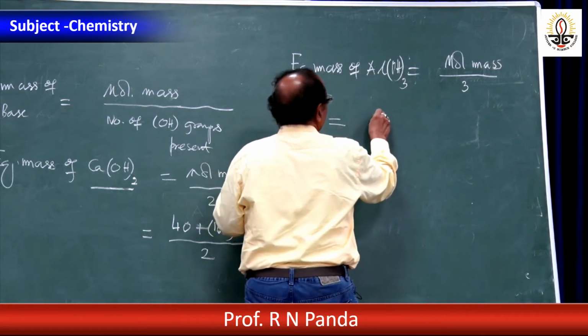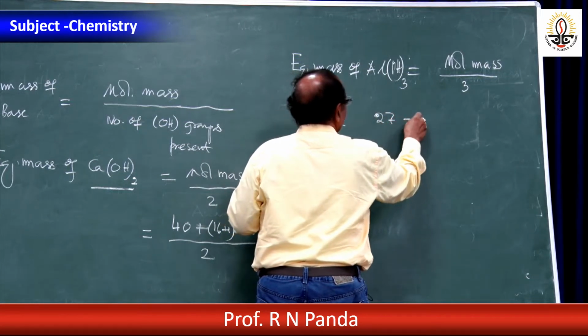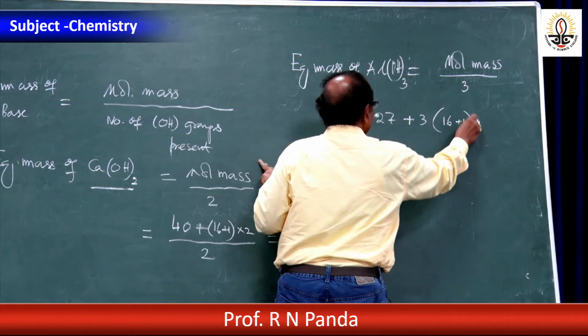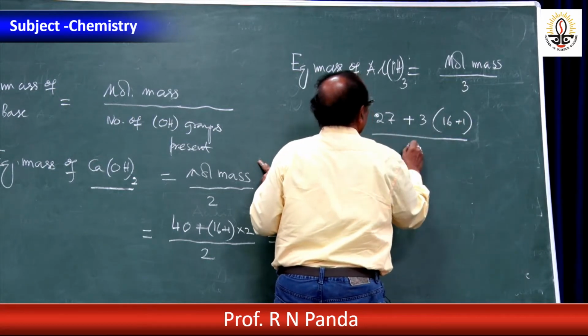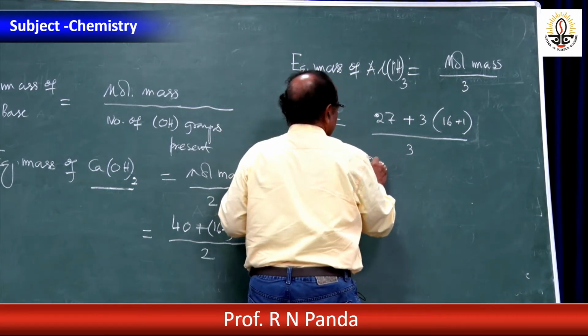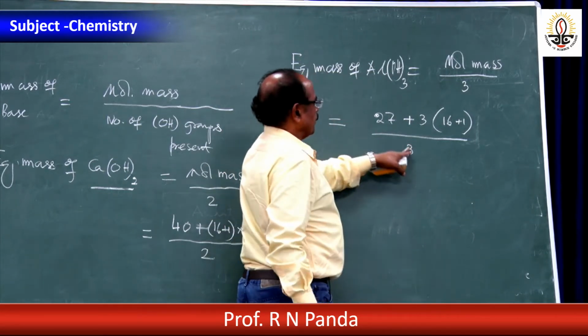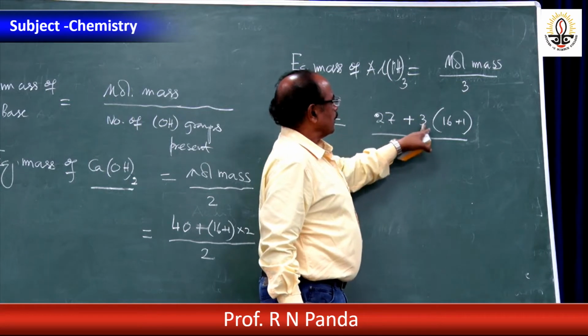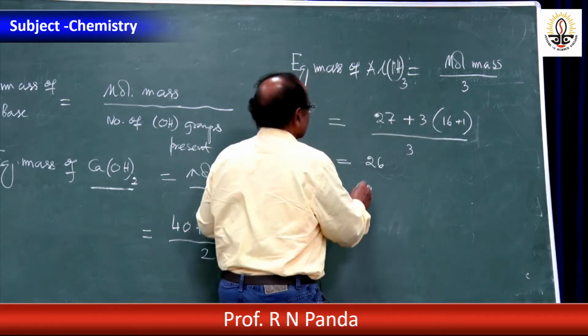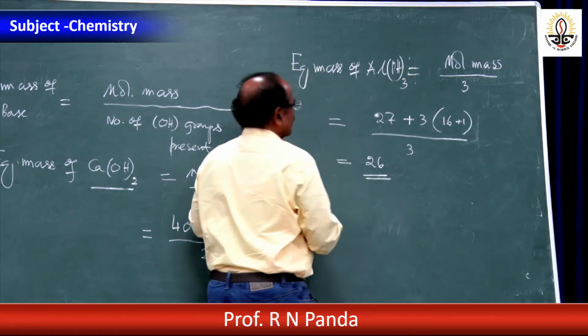Atomic mass of aluminum is 27 plus 3 into (16 plus 1), that's 17, divided by 3. So this is 9 plus 17, which comes to 26. So equivalent mass of aluminum hydroxide is 26.